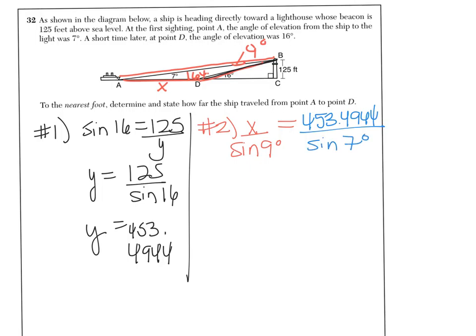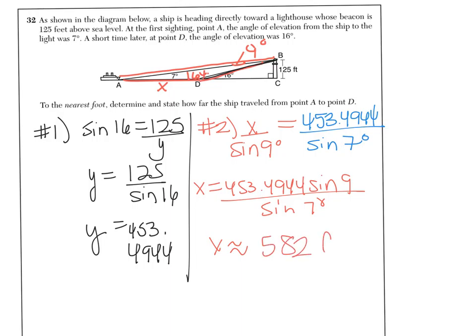Cross multiply. And we get an approximation of 582 feet. So the ship traveled from point A to point D 582 feet.